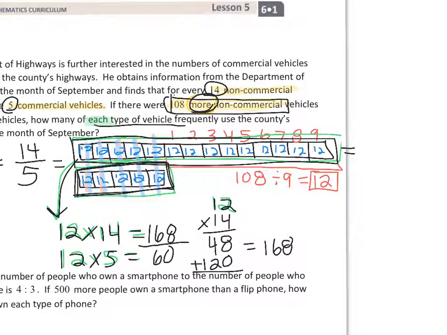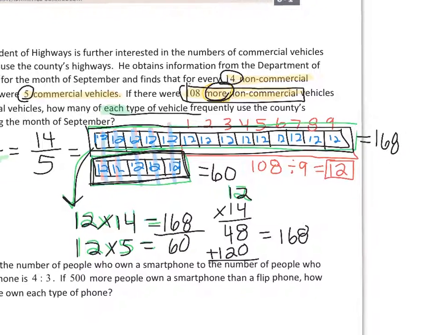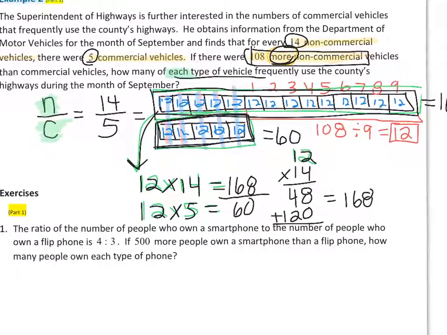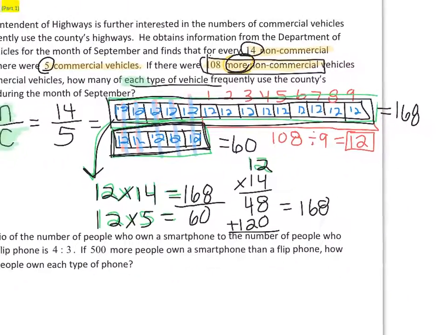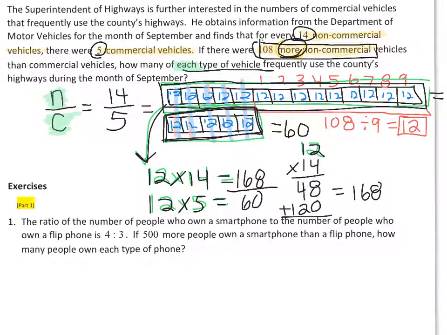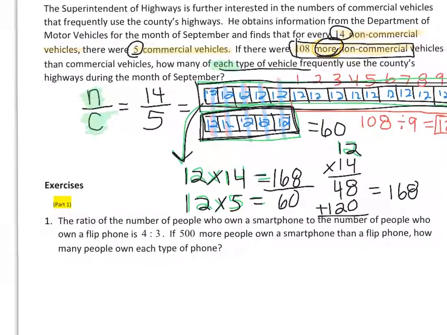So this right here is the 168, and this piece right here is the 60. So to write this in a complete sentence, we can say, using ratio language, for every 168 non-commercial vehicles, there are 60 commercial vehicles.